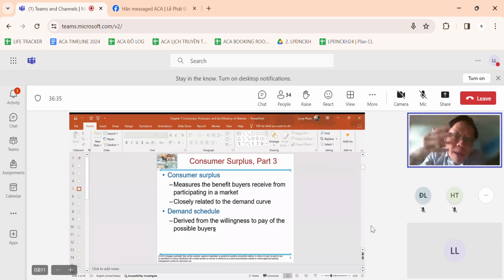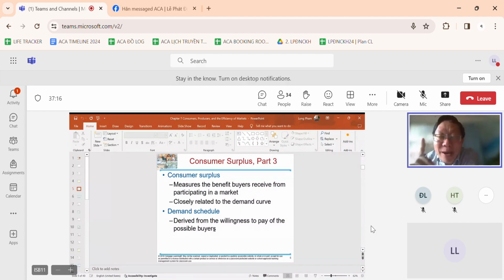So believe me, you can base on consumer surplus and willingness to pay to explain more scientifically why the demand curve is downward sloping. Because as more and more output is consumed, and more and more consumers enter the market to consume the product, their willingness to pay will decline. So the demand curve is downward sloping.